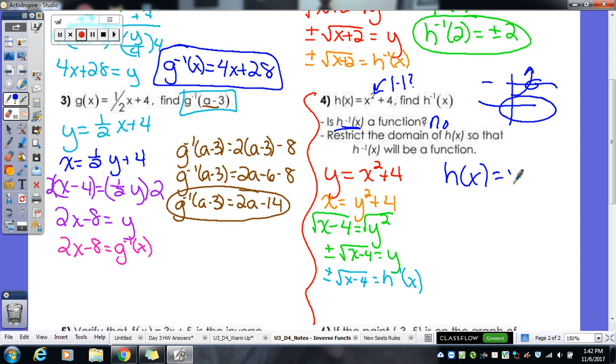So your h of x, your original function, where the domain is greater than or equal to 0. If you have just the numbers that are greater than or equal to 0, your inverse would then be a function. Pretty much that's the way it's always going to work out. If you got to change it to be 1-to-1 in the original, you just want to make it the positive values.